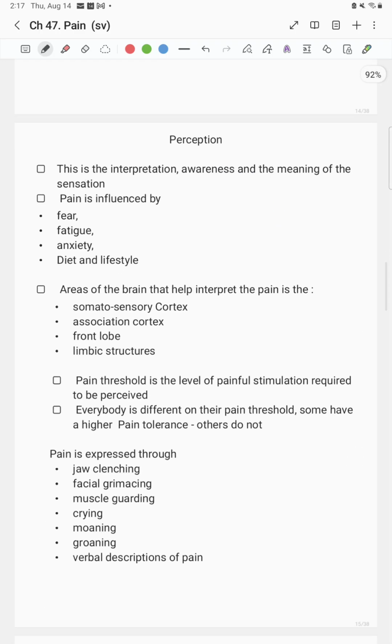Okay, perception. This is the interpretation, awareness, and the meaning of the sensation, right? So pain is influenced by fear, fatigue, anxiety, diet, and lifestyle. People perceive pain differently.